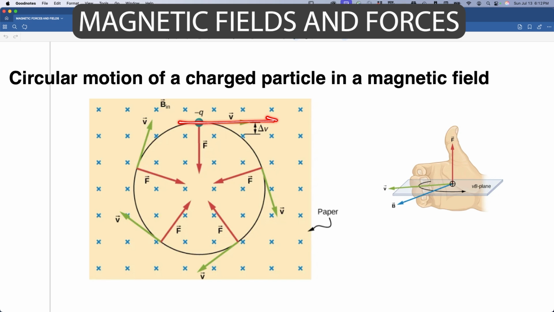So the velocity is from left to right. According to the right-hand rule, as soon as the particle enters this region where you have the magnetic field, a force acts on it. Remember that force, being a negative particle, will be downwards. So that's what is shown here.